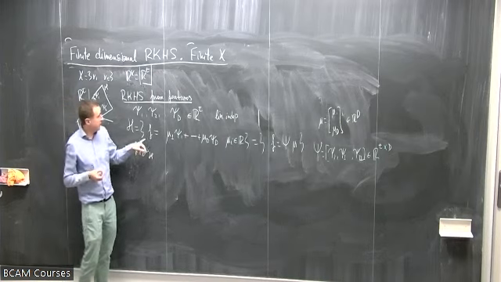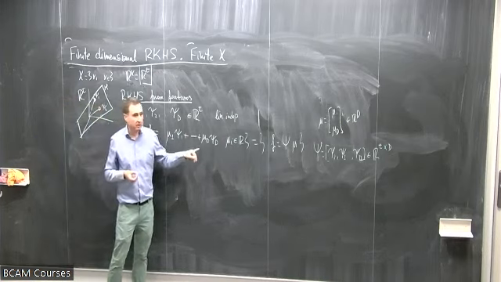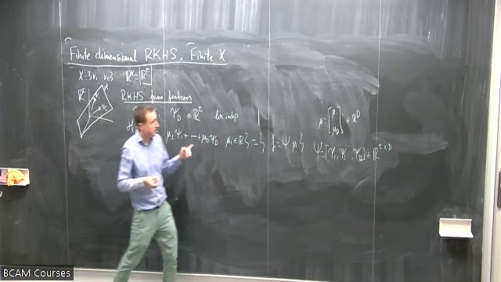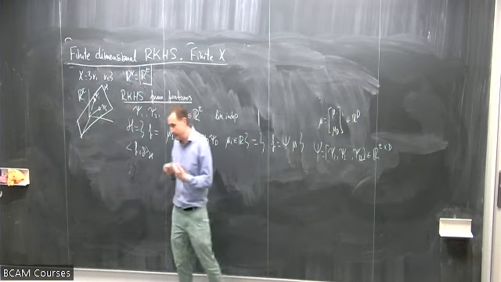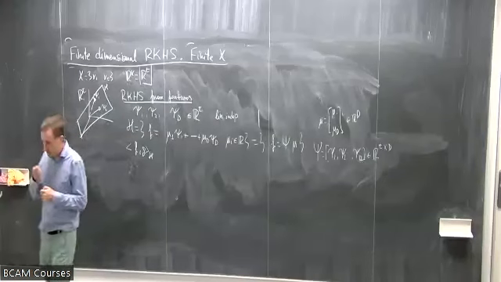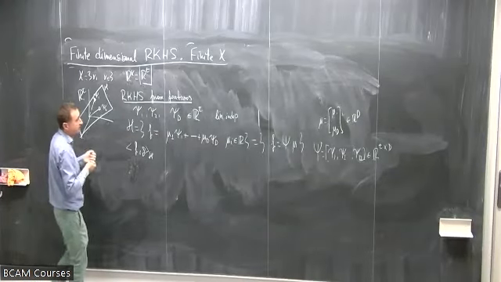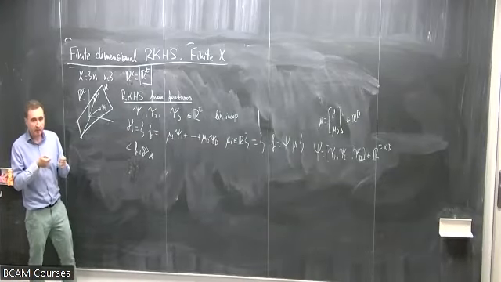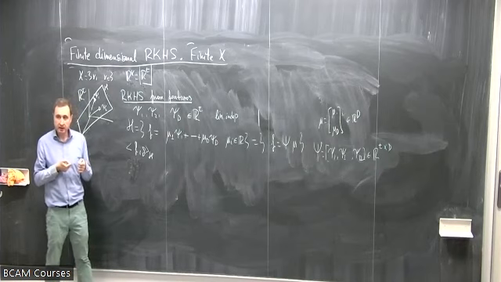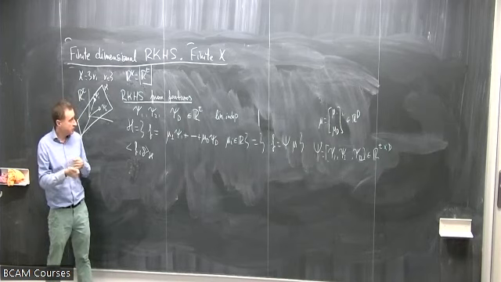So the elements of H are just combinations of the features, right? So any vector in H is going to correspond to a vector mu.